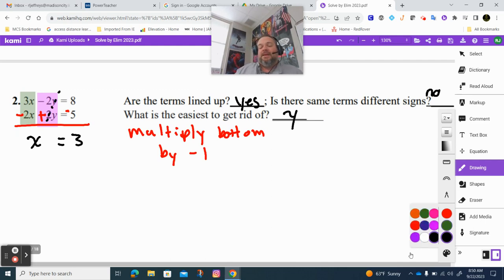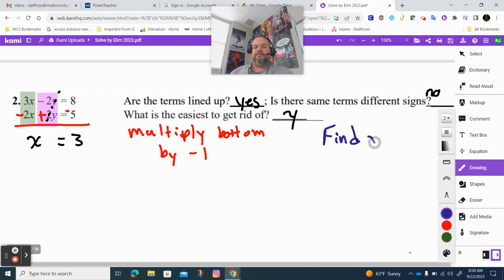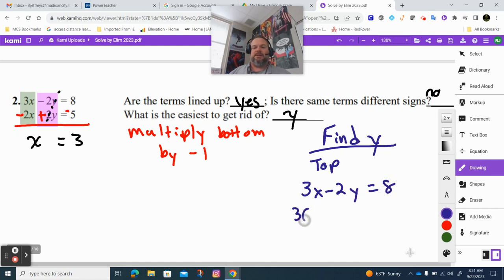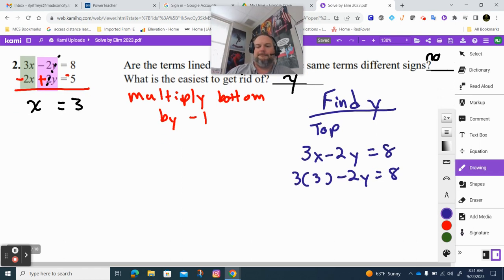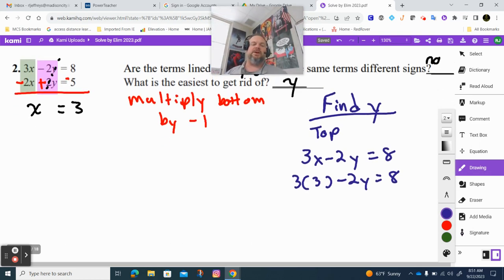All right. Now, we need to find y. What do y'all want to use? Y'all want to use the top or bottom? Top. I actually had a vote for the top. So we're going to use the top. So this is 3x minus 2y equals 8. We're going to plug it in. So all I did, took this top equation, I plugged in x.